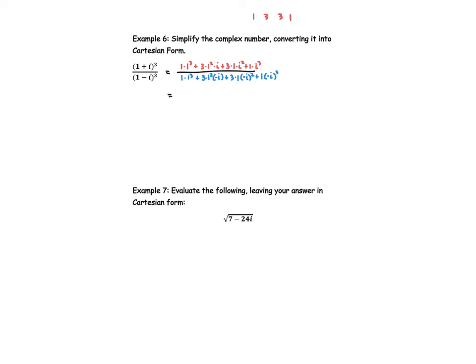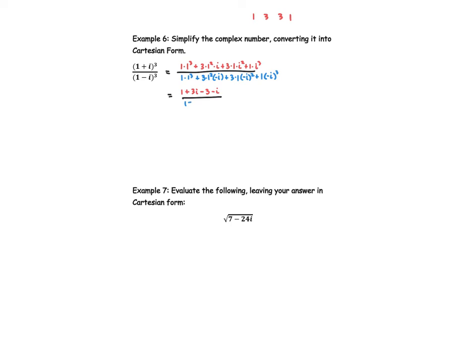Numerator. Okay, first term becomes 1. Second term becomes 3i. Third term becomes negative 3, right? 3 times i squared. And the last term becomes a negative i. Right? i cubed is a negative i. Denominator, of course, we'll have 1.